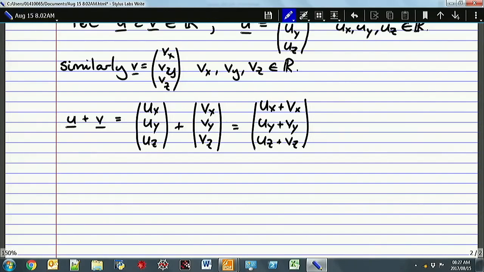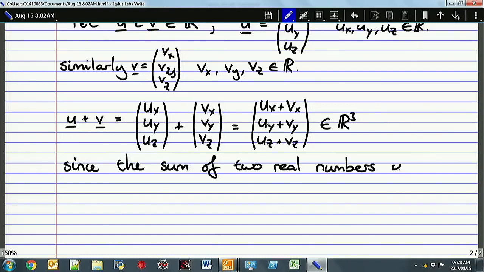So we can say that this is an element of R3 since the sum of two real numbers, Ux plus Vx, is again real. That's the basic idea. We can now conclude that R3 is closed.